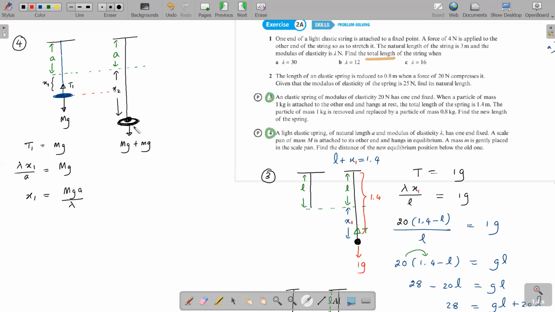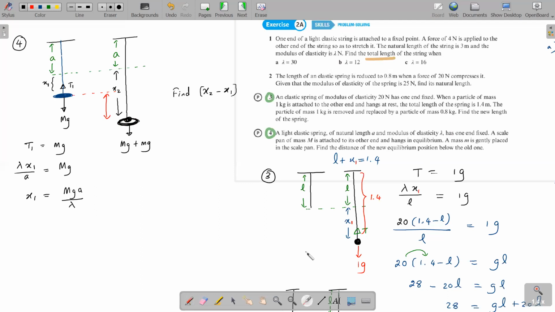They are asking you to find the distance between the two equilibrium positions, which means what? They are asking you to find this distance. Basically, the question is to find x2 minus x1. That's what you've got to do here. You have to get the difference between x2 and x1.